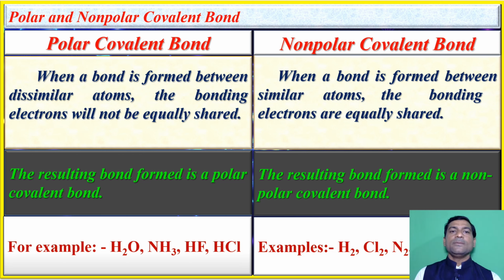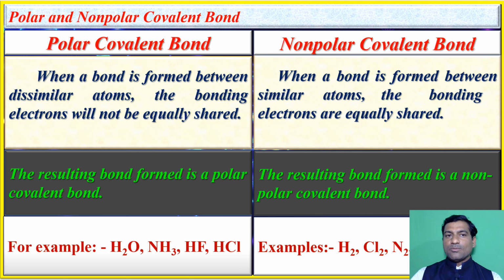And the bond formed between dissimilar atoms, where bonding electrons will not be shared equally, is called a polar covalent bond. Means if dissimilar atoms form a bond, that is called a polar covalent bond, and if similar atoms form a bond, that bond is called a non-polar covalent bond.